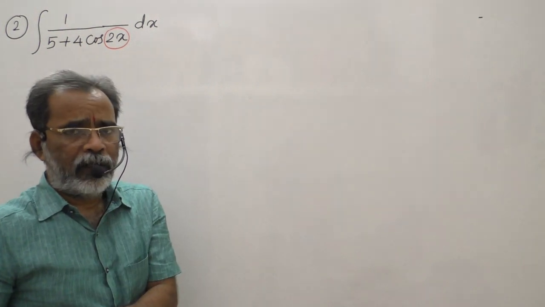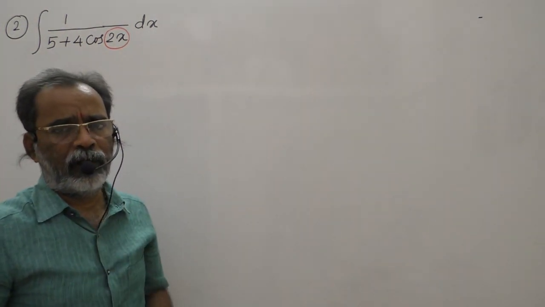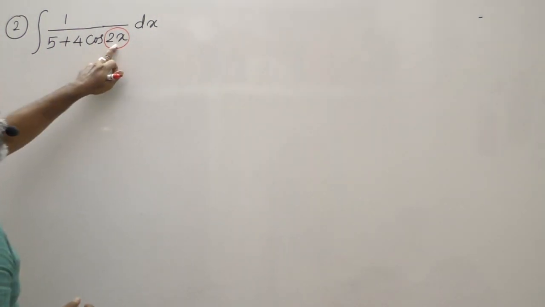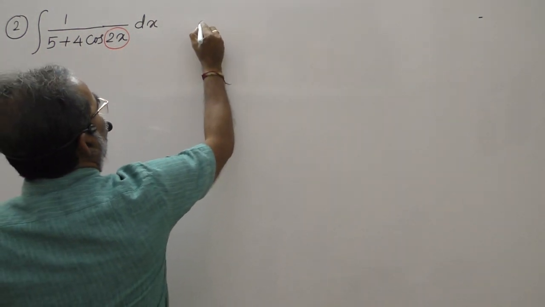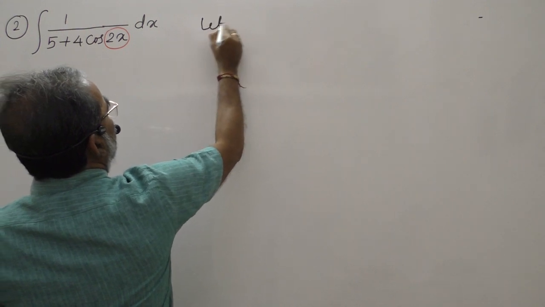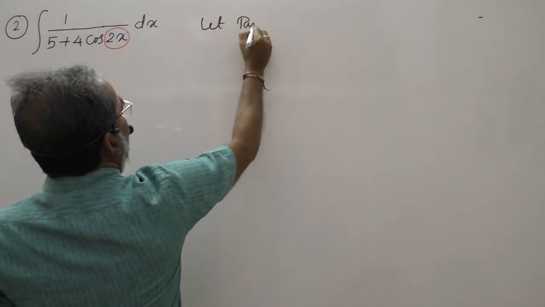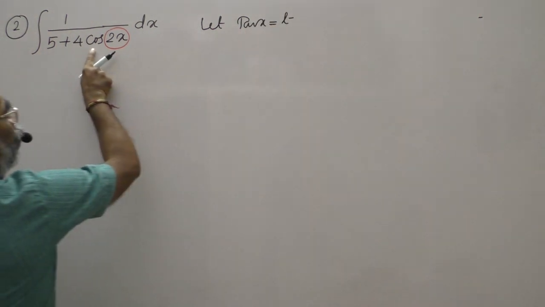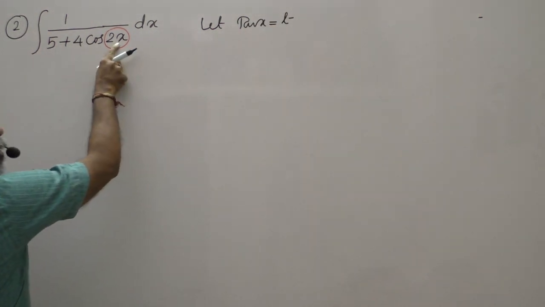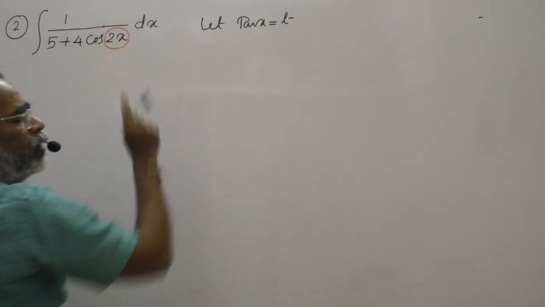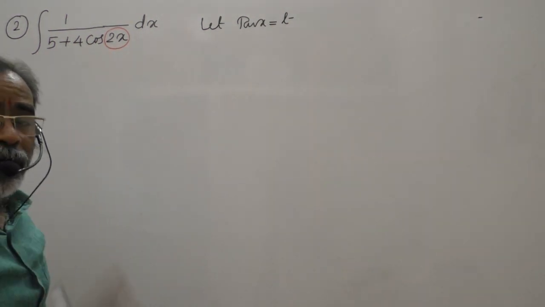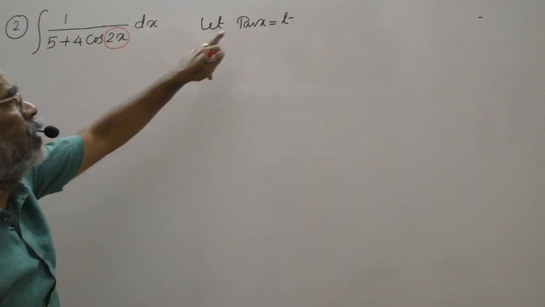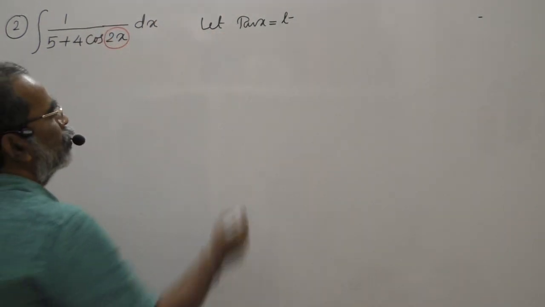When cos x is there, the substitution is tan x by 2 equal to t. But here 2x is there, therefore our substitution will change. Now I have to take tan x equal to t. If only cos x or sin x is there, the substitution is tan x by 2, half of this one. So now here 2x is there, this will be the substitution.